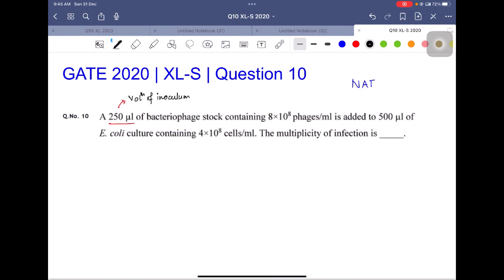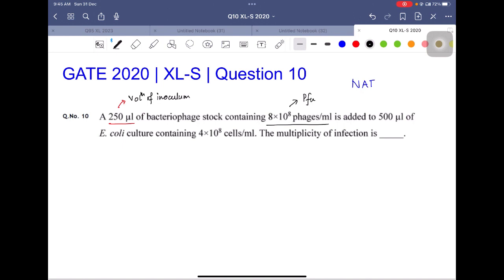Next parameter given is that this volume of the bacteriophage stock contains 8 into 10 to the power 8 phages per ml. So what is this? This is PFU. PFU is plaque forming unit, which means the number of phage particles that can actually form plaque per unit volume, per ml.